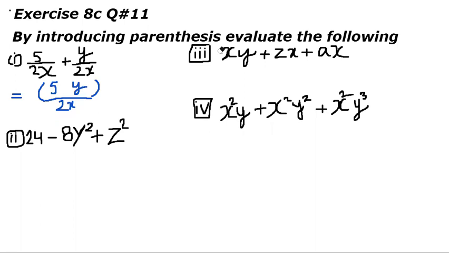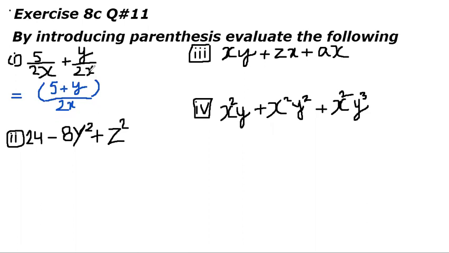Now, by introducing the parentheses, this shows clearly that we can add the numerators when the fractions are like.